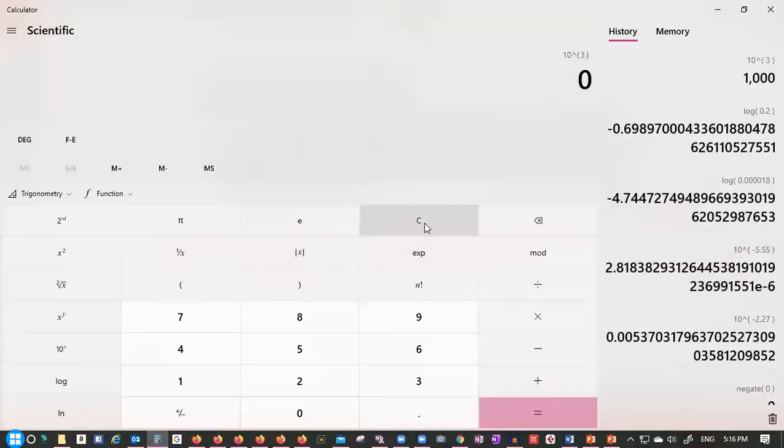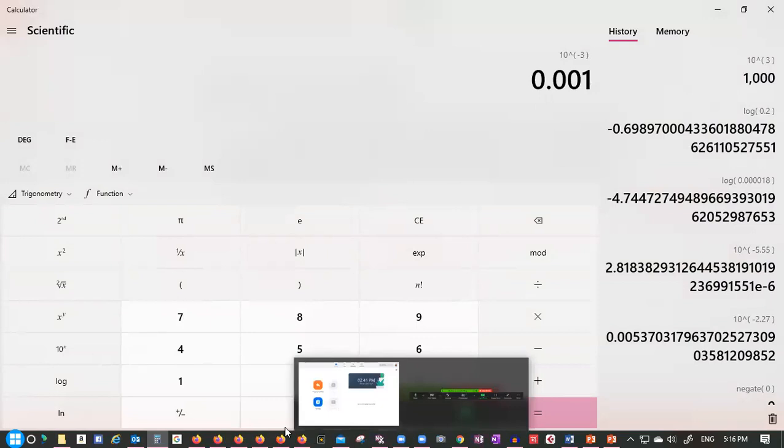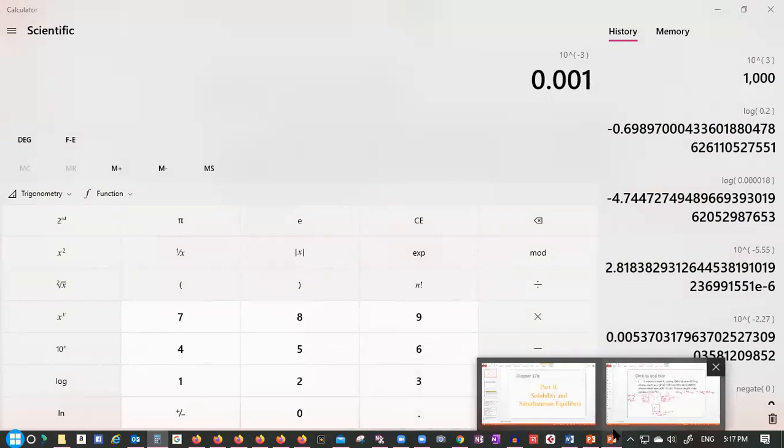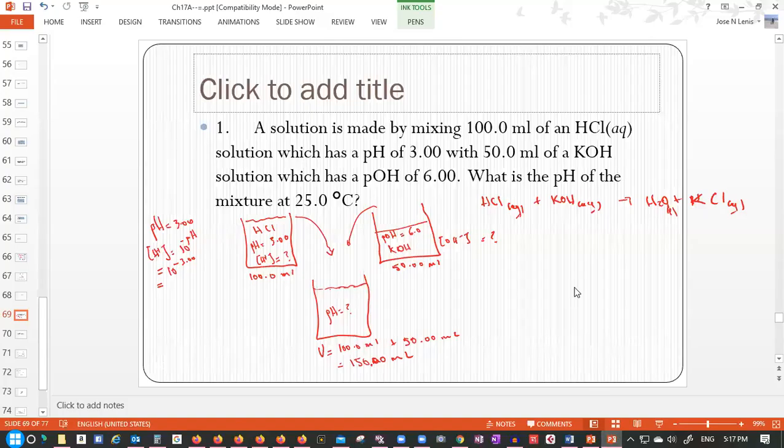It's 10 to the negative pH, and pH is 3. I didn't hit this button. Now 10 to the x. There you go, that makes sense. 1.0 times 10 to negative 3. You should know that from the beginning. All right, just to practice how to use the calculator.